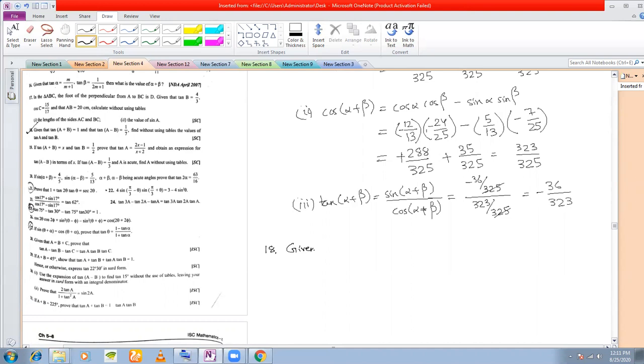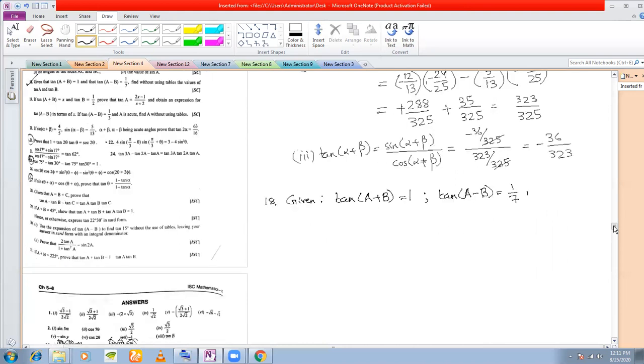Given tan A plus B is equal to 1. Also, given tan A minus B is equal to 1 by 7. Without using tables, you need to find the value of tan A and tan B. Given tan A plus B and tan A minus B, you need to find the value of tan A and tan B.